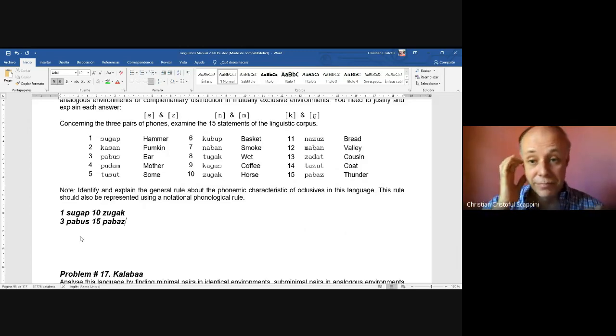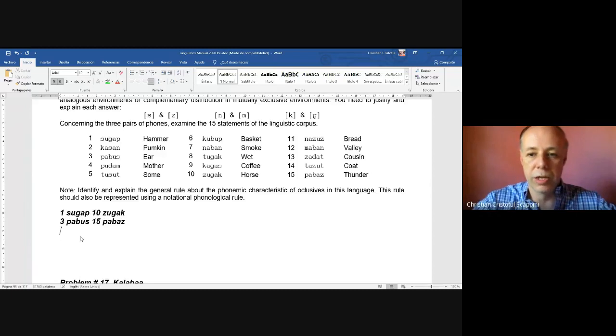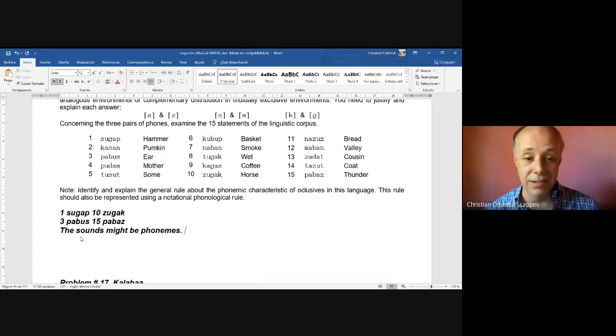Subminimal pair, okay? And probably one more. Okay, so what is my conclusion? My conclusion is that the sounds might be phonemes. And the evidence is these two subminimal pairs.